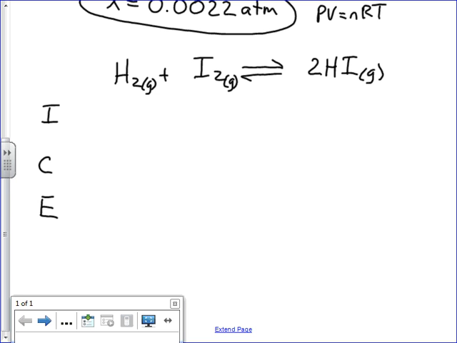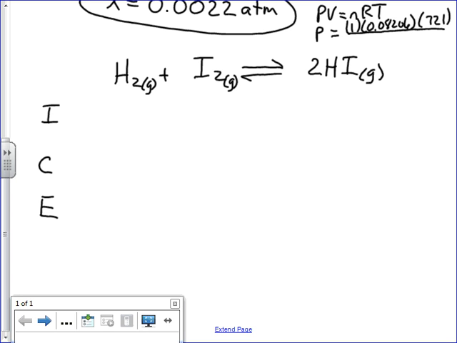And so for our H2, we have 1 mole of that. So we're solving for P here, right? So P equals 1 mole times, we want this in atmospheres, so 0.08206, times our temperature, which is 448 Celsius plus 273, 721 Kelvin.